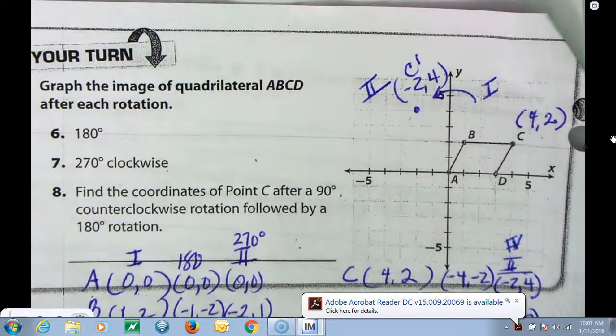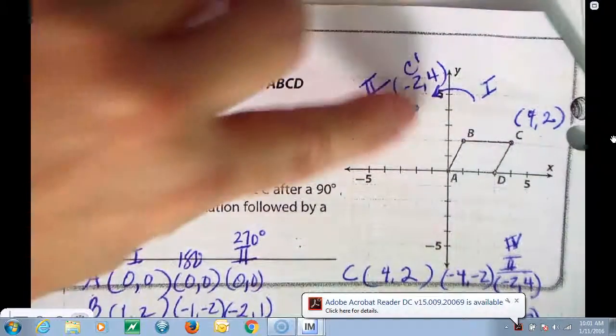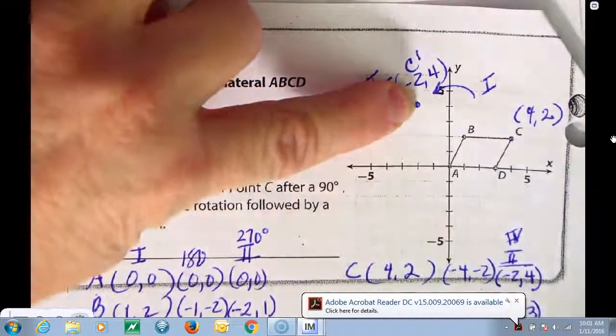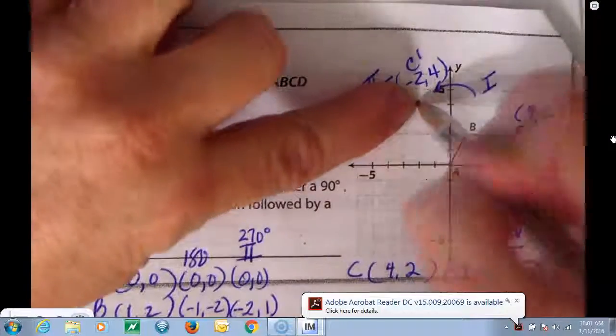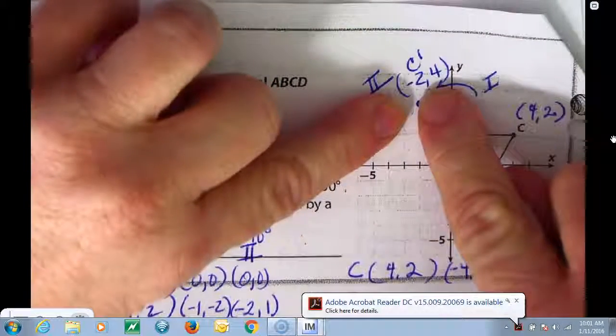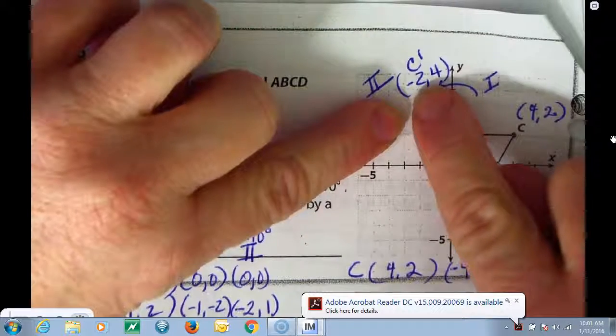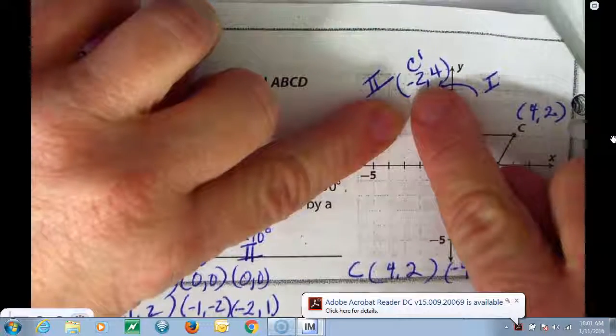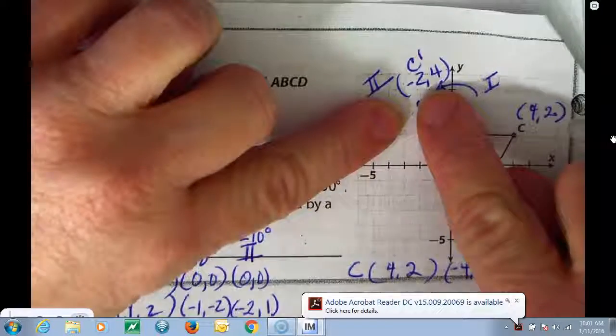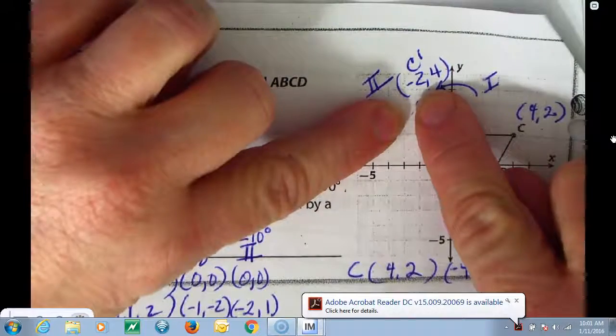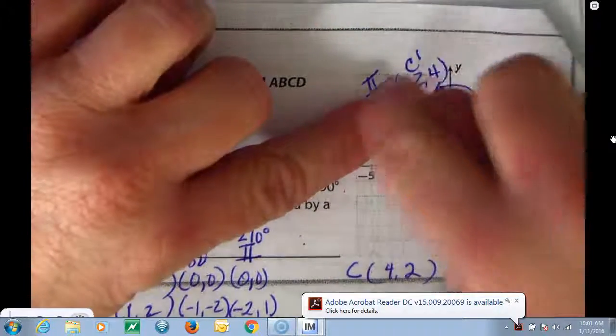Now I've got to do a 180 with that point. So what do I do with the coordinates? 180. Guys, I'm doing a 180.